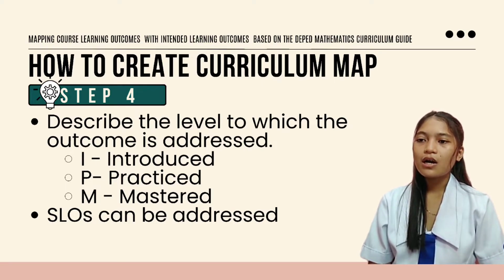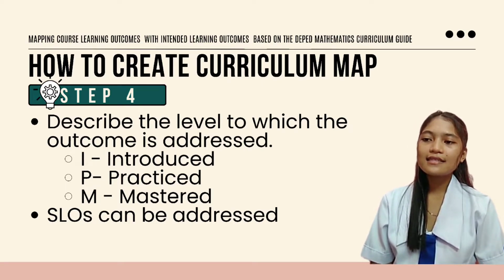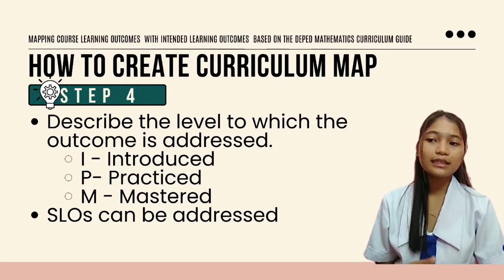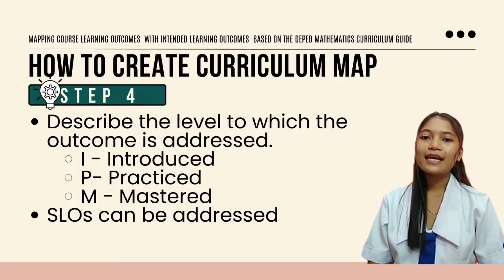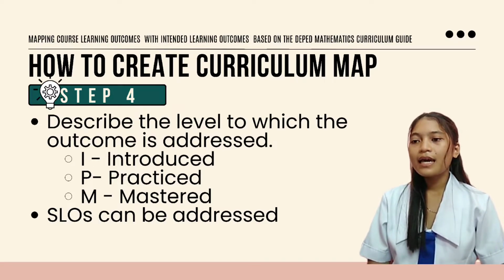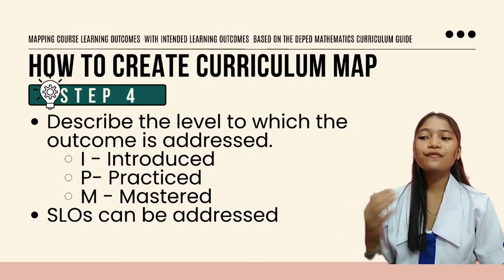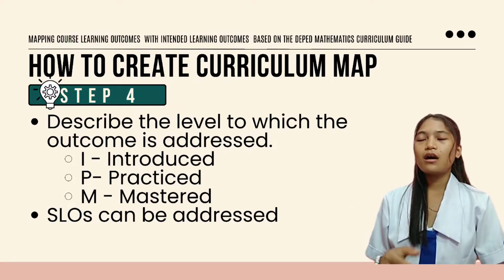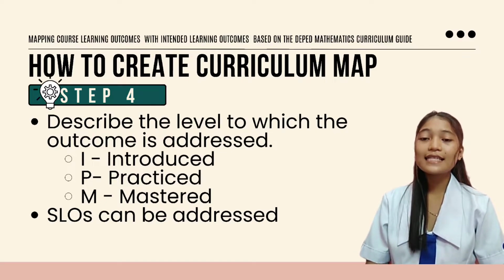Next, practiced. It indicates the outcome is practiced, or students are afforded opportunities to practice. Next is mastery. It indicates the students have had sufficient practice and can now demonstrate mastery of the degree exit level.